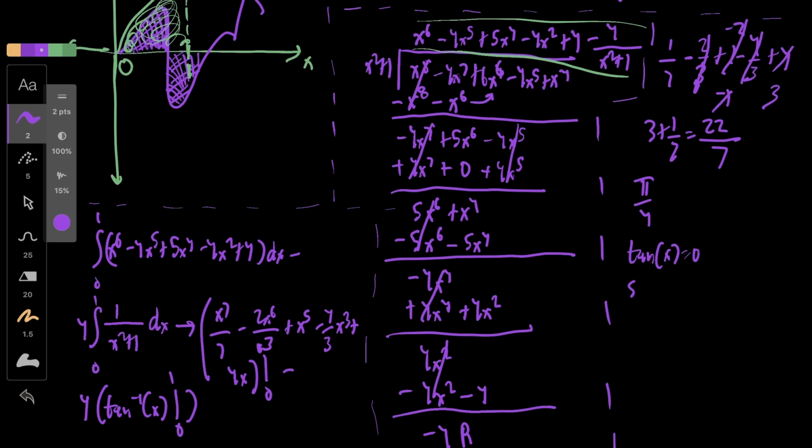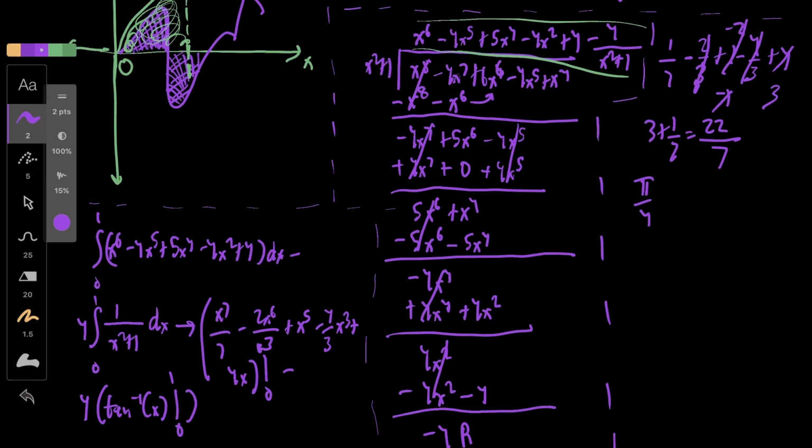That means since tan is sine by cosine, you can have sine of x equals 0, and that happens at 0. So that's that part. And since tan of x would need to be equal to 1 in this case, and that comes at pi by 4. So we get pi by 4.